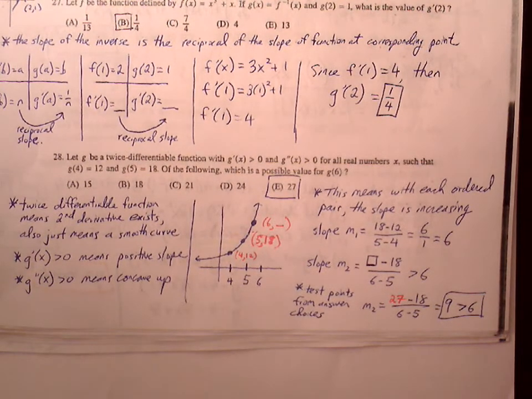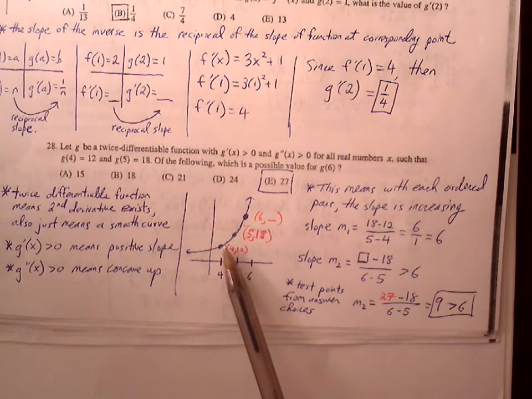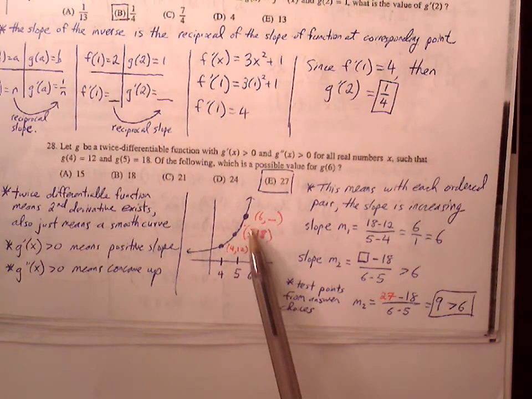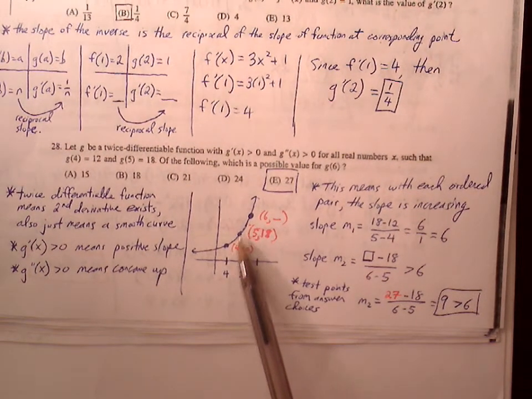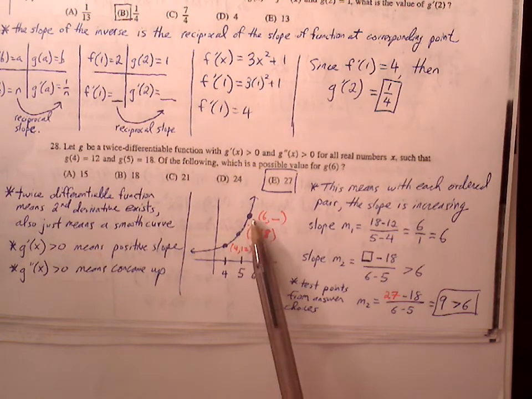Now here's something that we have to be aware of for a function that has positive slope and is concave up. The pattern that we're going to see between consecutive ordered pairs is that not only are we going to be experiencing positive slope if we find the slope of each of these points, but the slope is always going to be increasing.